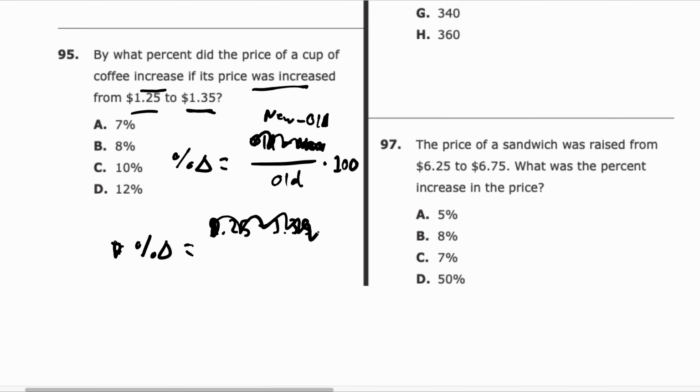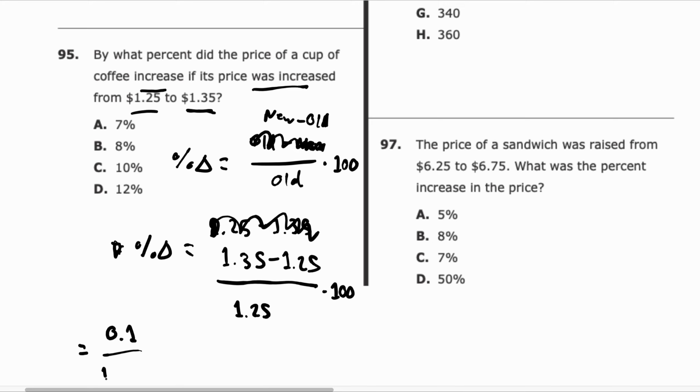So therefore, our percent change would be 1.35 minus 1.25 over 1.25 times 100. So that's just 0.1 divided by 1.25 times 100.